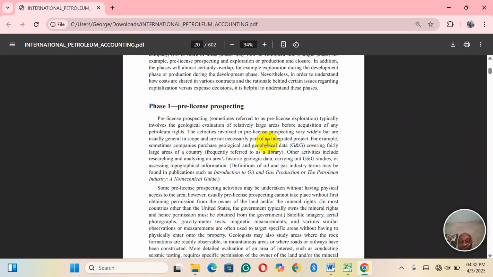Other activities include researching and analyzing an area's history and geologic data, carrying out the G and G, that's the geological and geophysical studies, or assembling topographic information. Definitions of oil and gas industry terms may be found in publications such as Introduction to Oil and Gas Production or The Petroleum Industry, a Non-Technical Guide.